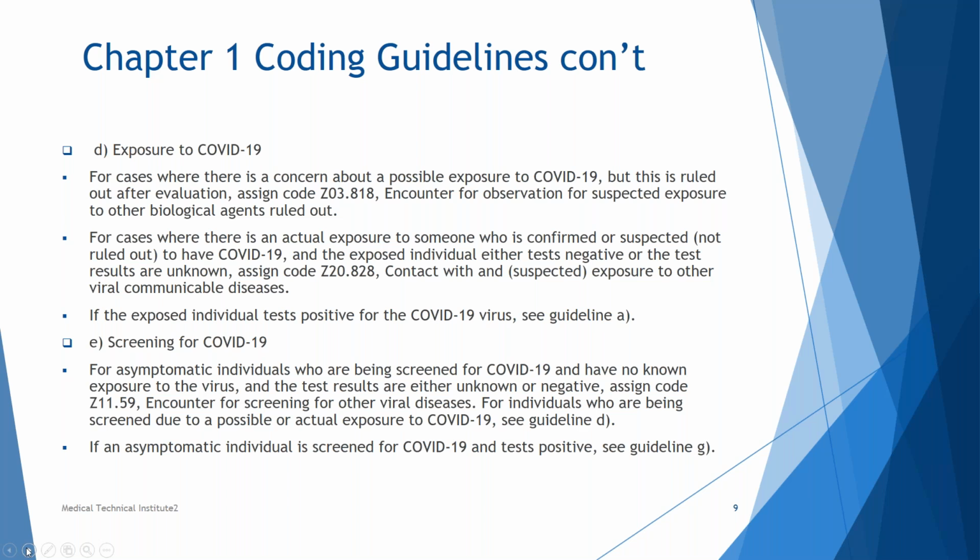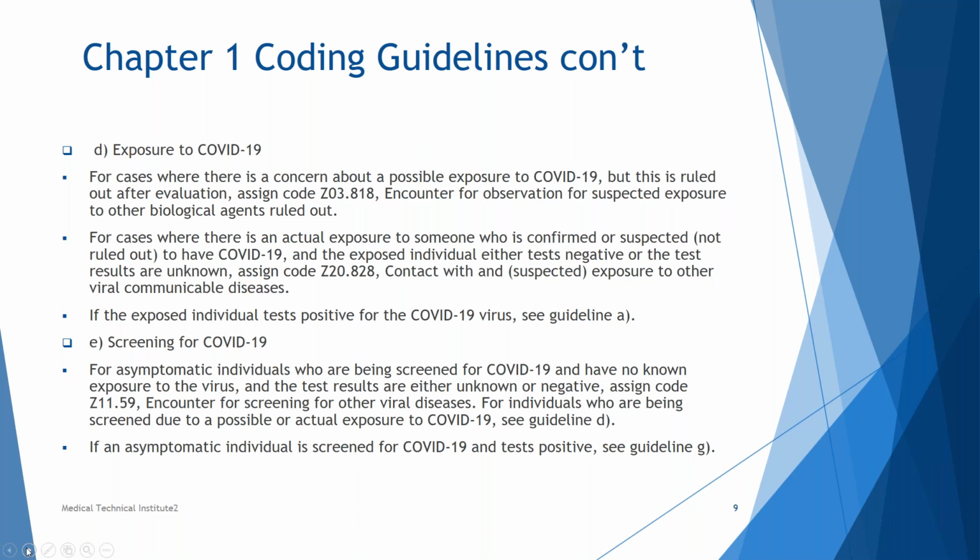For individuals who are being screened due to a possible or actual exposure to COVID-19, see guideline D. If an asymptomatic individual is screened for COVID-19 and tests positive, see guideline G.